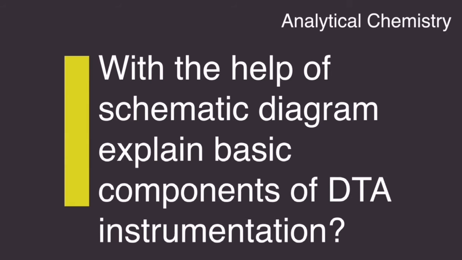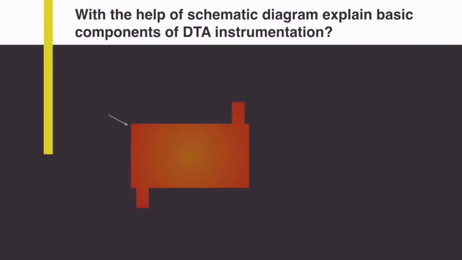Next is the DTA instrumentation. The instrumentation consists of a furnace. The furnace operates from a temperature of 170 to 280 degrees Celsius. The temperature varies from 0.1 to 30 degrees Celsius per minute. The heating is done with a heated coil or IR radiation.